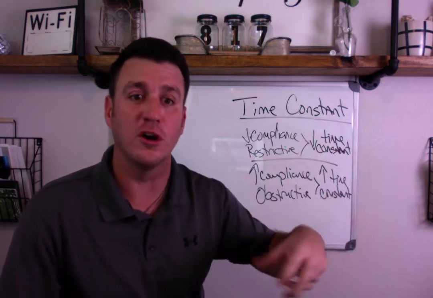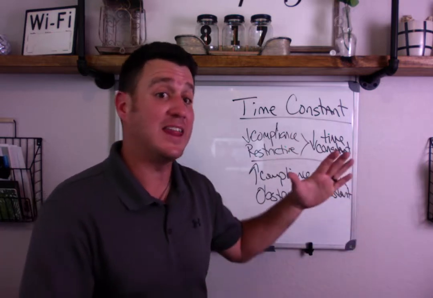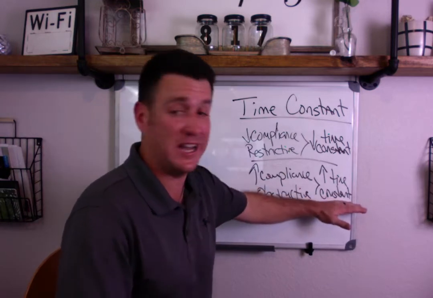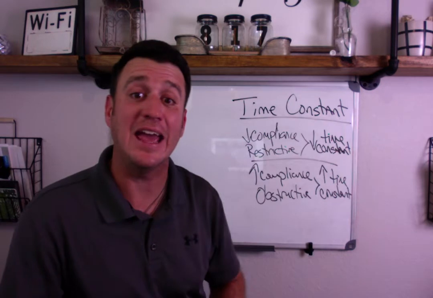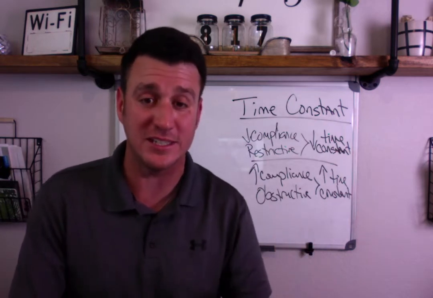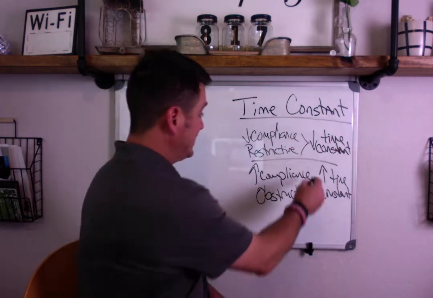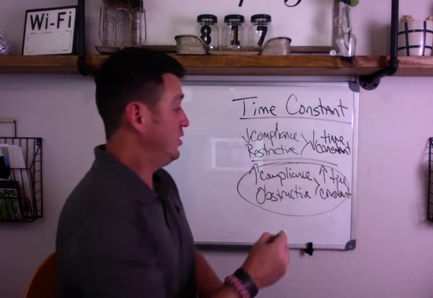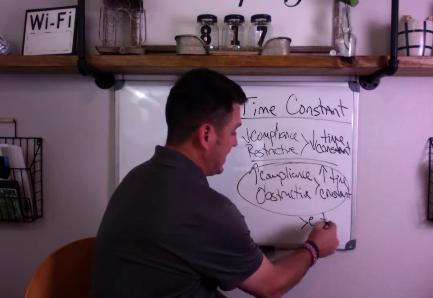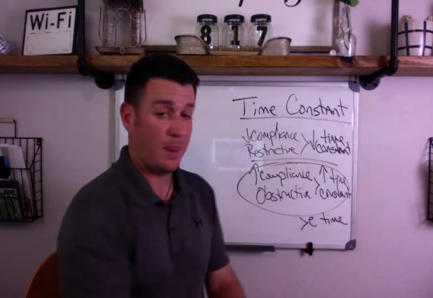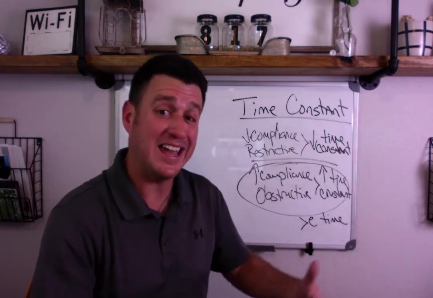All of those are obstructive lung diseases, and that leads to a greater time constant because they have an increased compliance and an increased airway resistance, which means with this group, you need to be focused on a greater amount of E time because they can't get the air out.